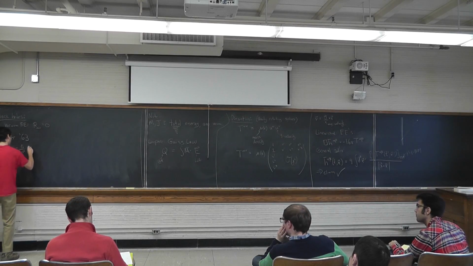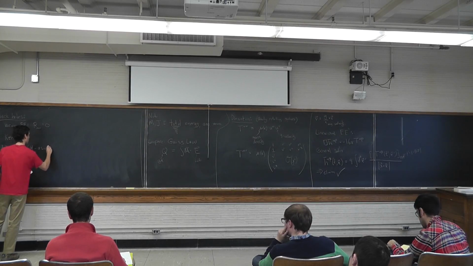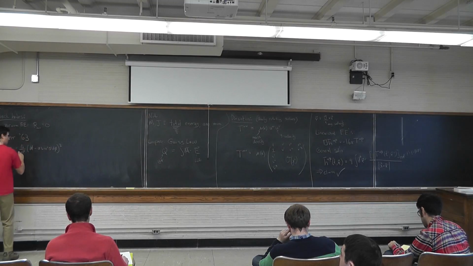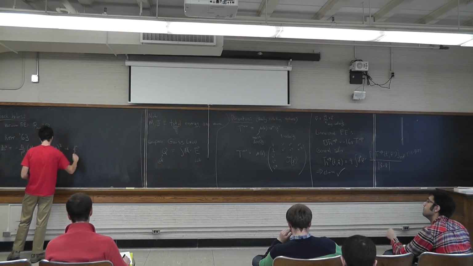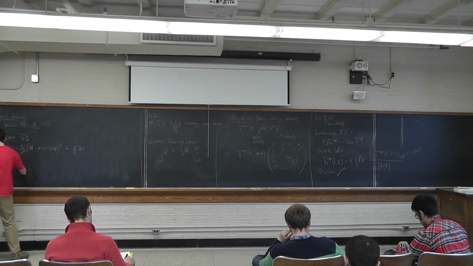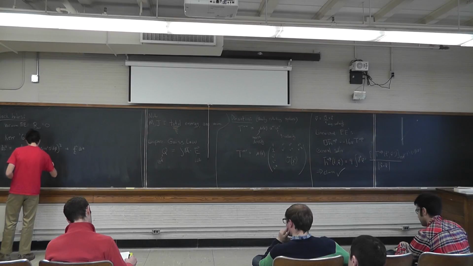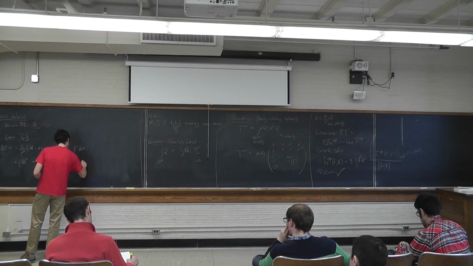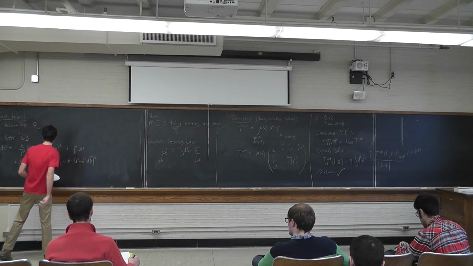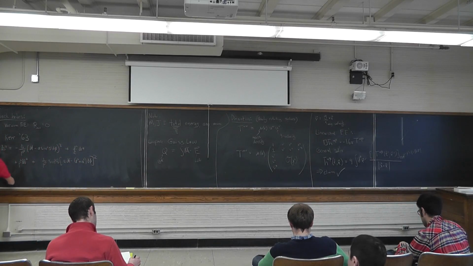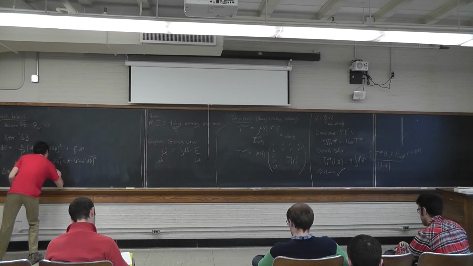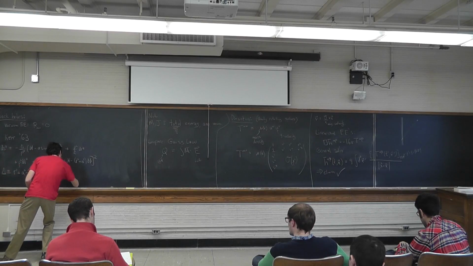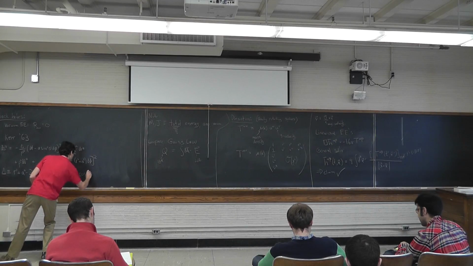Minus delta over rho squared (dt minus a sin squared theta dphi) squared, plus rho squared over delta dr squared, plus rho squared dtheta squared, plus sin squared theta over rho squared (a dt minus (r squared plus a squared) dphi) squared, where delta is r squared plus a squared minus 2Mr, and rho squared is r squared plus a squared cos squared theta.